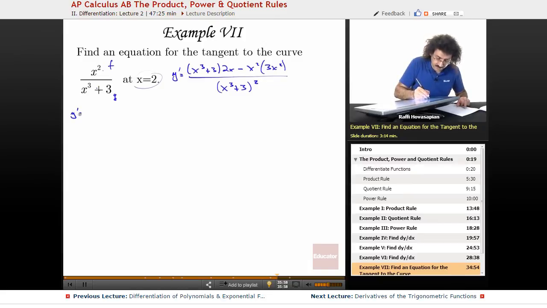So y prime is equal to 2x to the 4th plus 6x squared minus 3x to the 4th all over x cubed plus 3 squared.